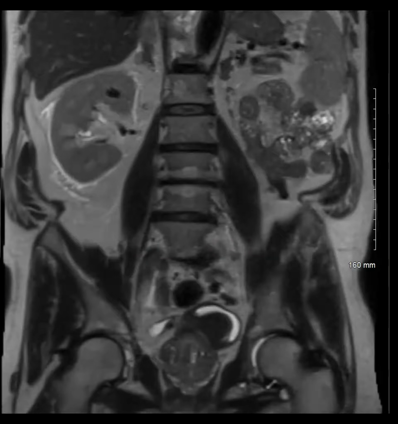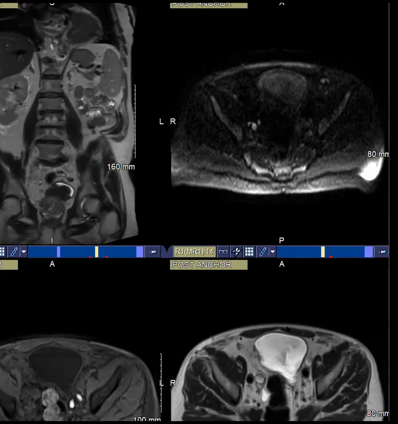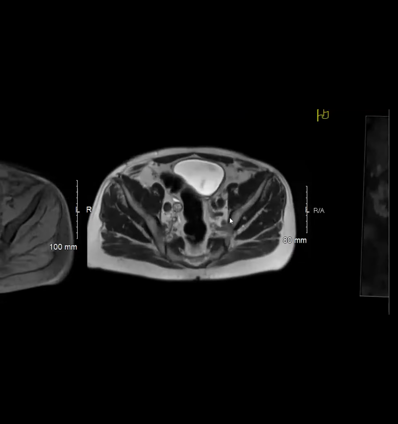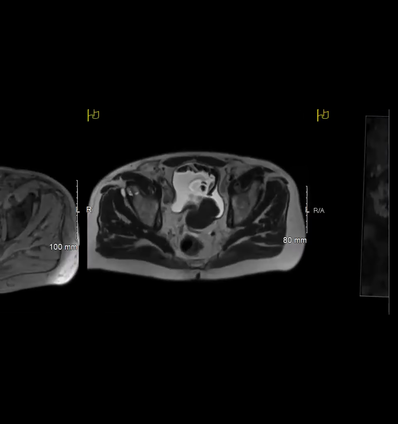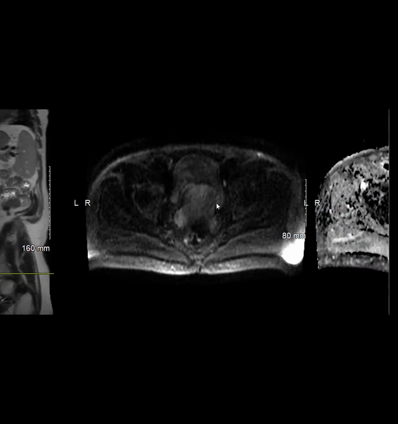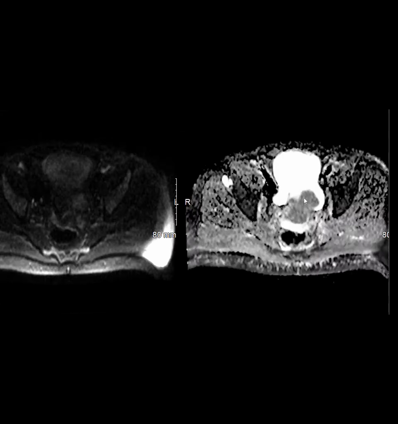And then on the same MR, there is another thing that I wanted to point out. When you look at the diffusion, let's look at the T2 first. On T2, this structure is very dark. And on the diffusion, this is the B800. It's very dark on B800, also dark on the ADC.